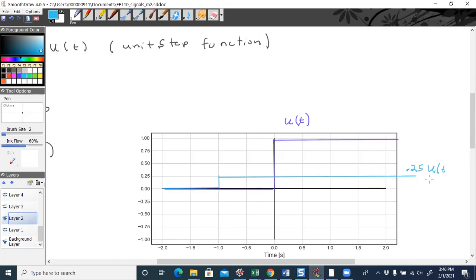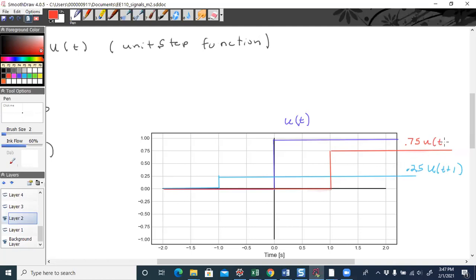And it was advanced by 1. We're scaled in this case by 0.75. It's a step function.